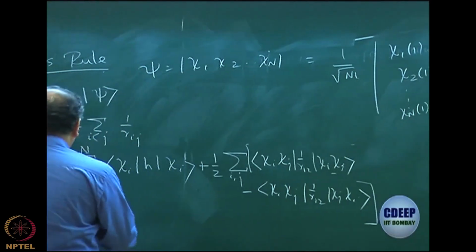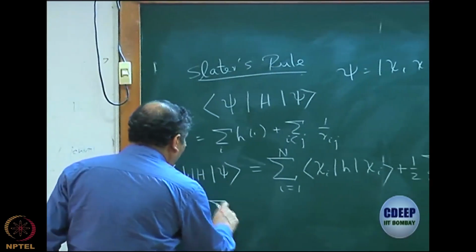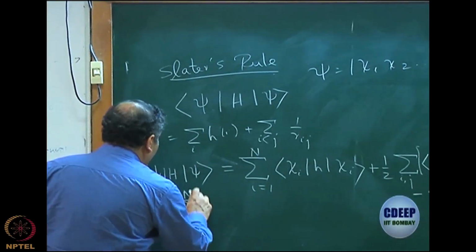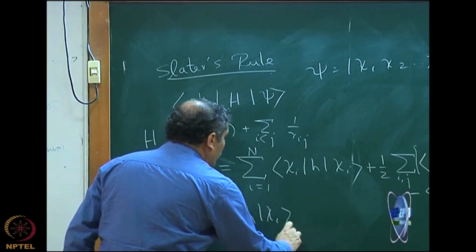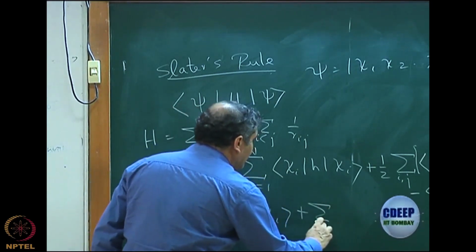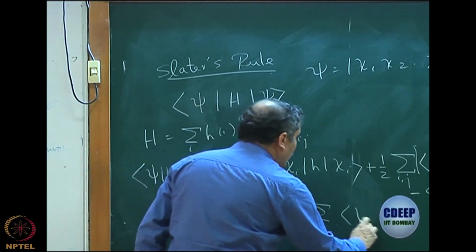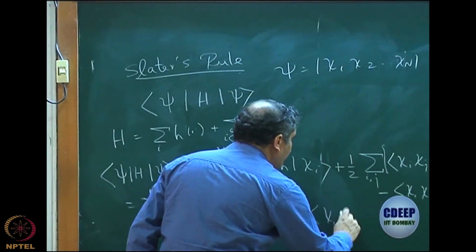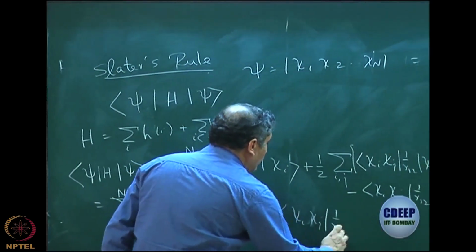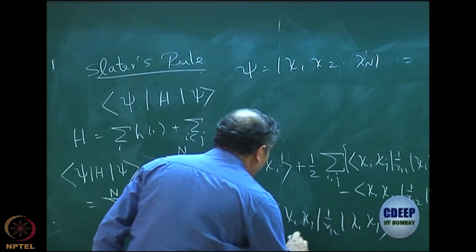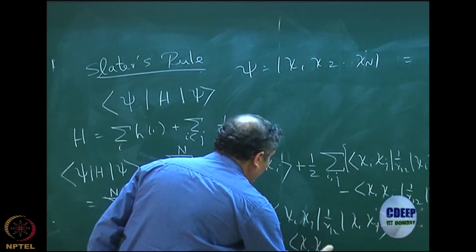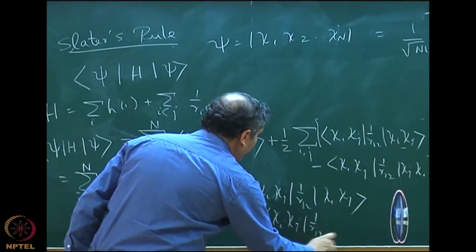The same thing can also be written in a form which is computationally simpler because it does less job, i less than j, chi i chi j 1 by r12 chi i chi j minus chi i chi j 1 by r12 chi j chi i.